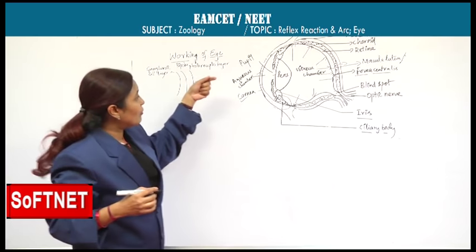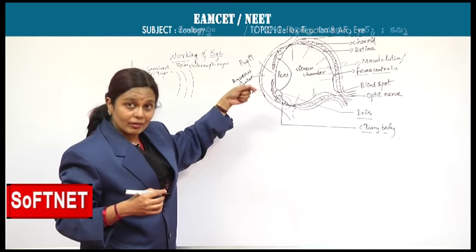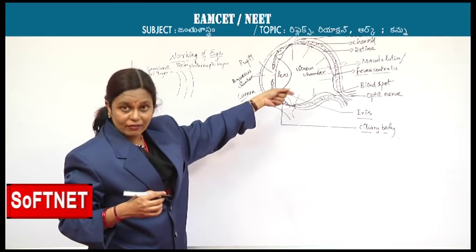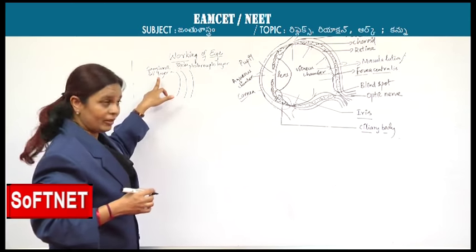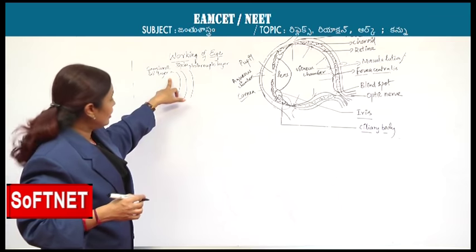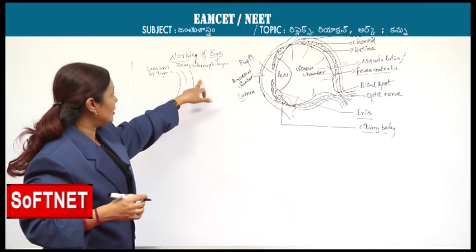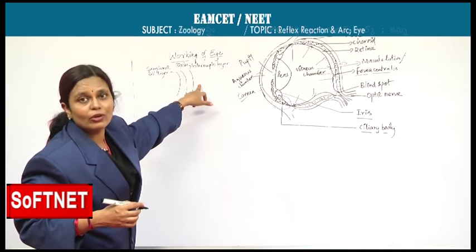That means, on which layer of the retina does light fall first? It falls on the ganglionic layer, then it passes through the bipolar layer, then it reaches the photoreceptor layer.